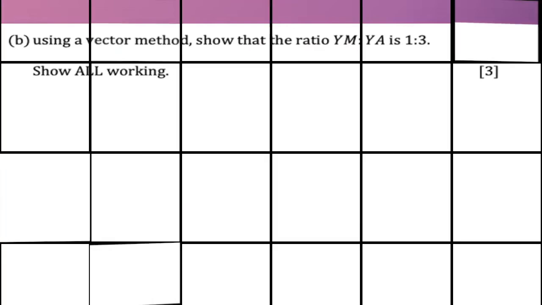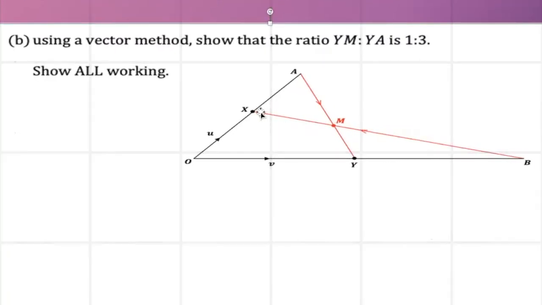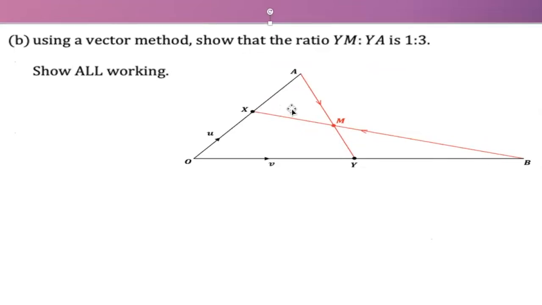So I'm going to get the diagram. So this is the diagram. We have to show that the ratio YM to YA is 1:3. Now let's look at YA.